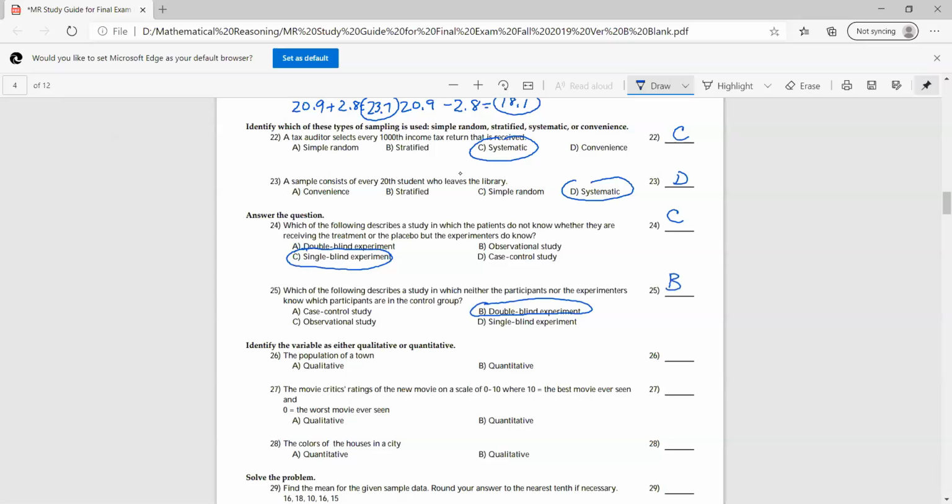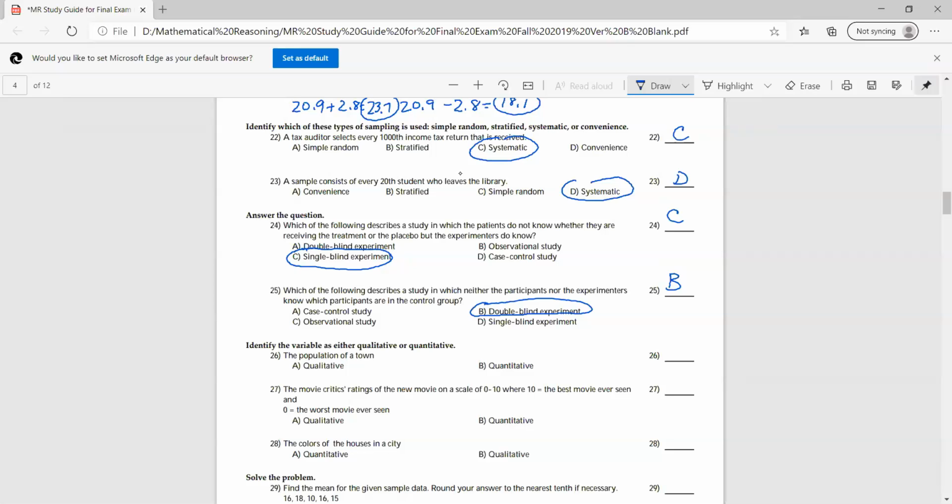Okay, let's go back up here. A simple random survey would be like, we're going to put everybody's name in a hat and just draw from the hat. Stratified means that we've divided people into groups already, and we're going to pick from those groups.